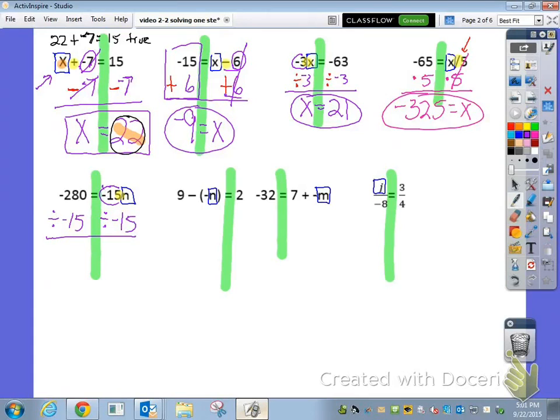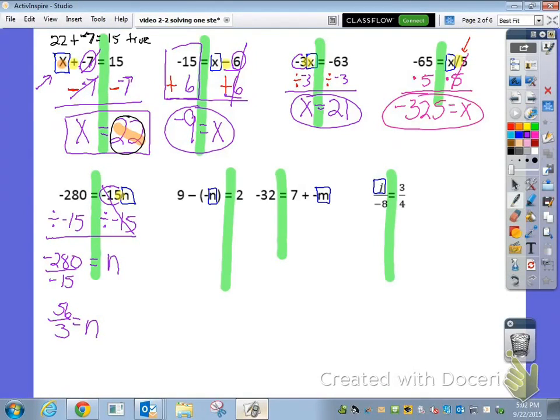Negative 15 divided by negative 15 is 1, and 1 times n is n. Negative 280 divided by negative 15. You punch that in your calculator and it will simplify. So 56 over 3, 56 thirds equals n.